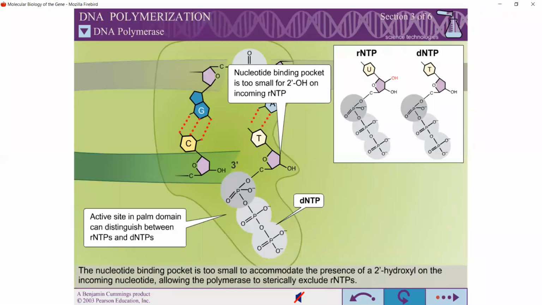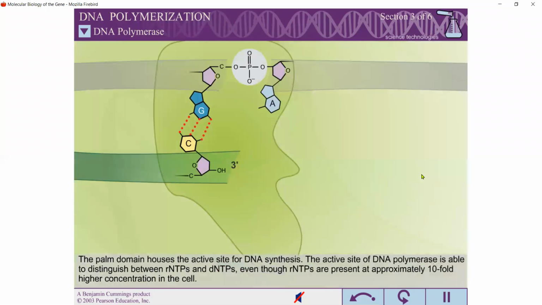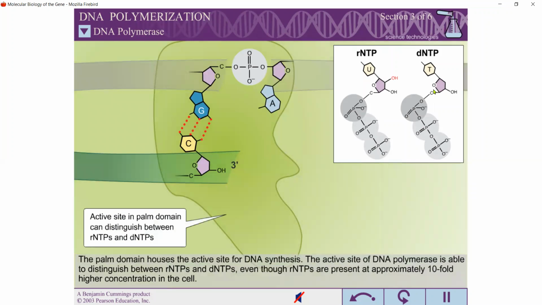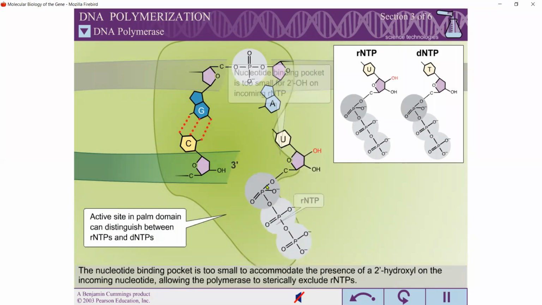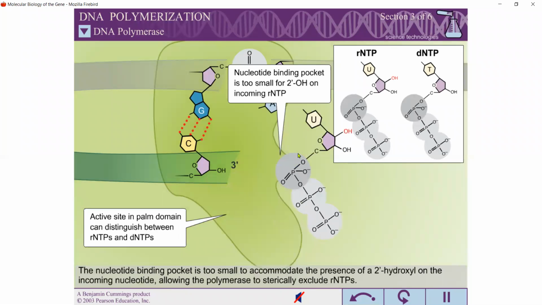So I'm going over the animation once more, and now you see what I just now told. So this is the active site, and they are now focusing on the nucleotide binding pocket. This is RNTP and this is DNTP. As you can see, first RNTP will come and try to enter, but this excess oxygen, there's no space for this excess oxygen.